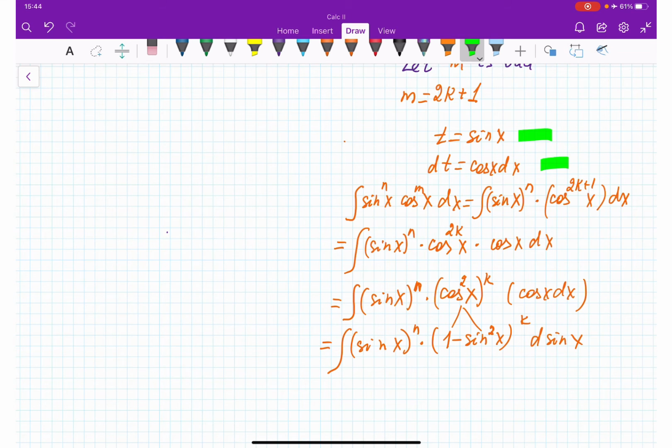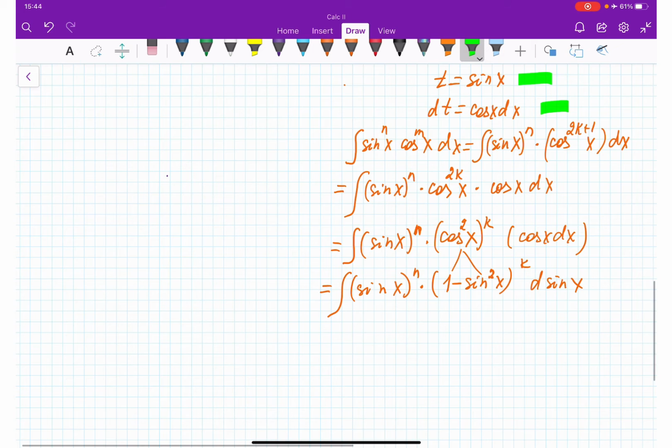And dt is equal to cosine x dx. So we are getting the integral of t to the power n times (1 minus t squared) to the power k dt, because cosine x dx is the same as d sine x, right?